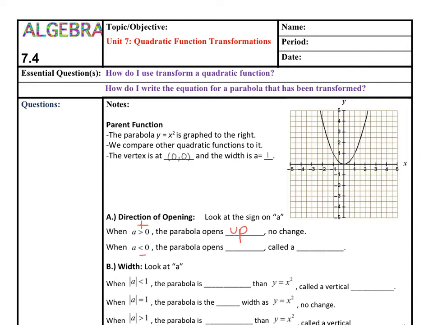If the a value is negative, then the parabola opens down, and it's called a reflection, specifically a reflection over the x-axis. So it flips over the x-axis and flips upside down if the a value is negative.